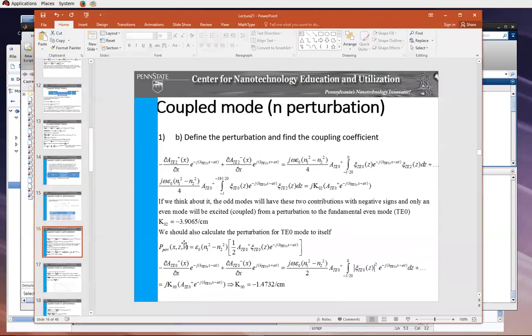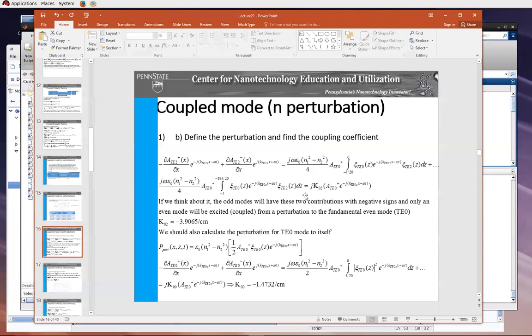So that's that number, but that's not good enough, because while doing this we're taking TE0 outside of the integral, so we're assuming the TE0 amplitude to be constant, and that will be important for us in the coupling.